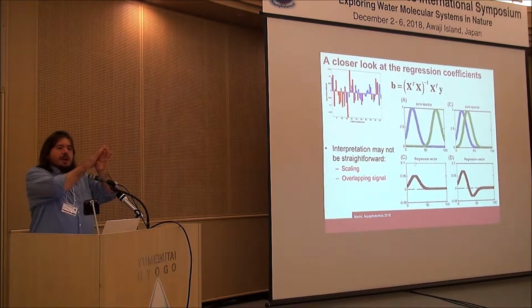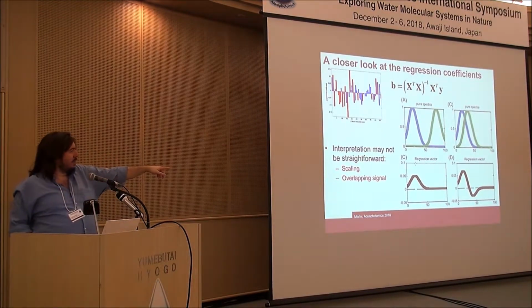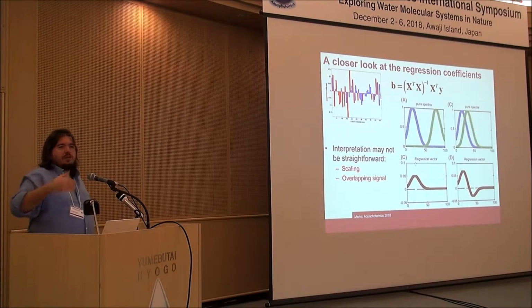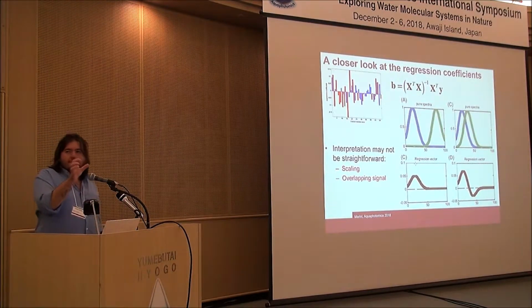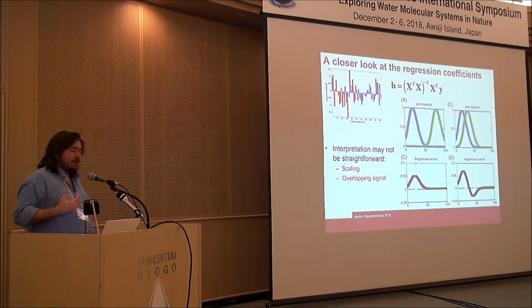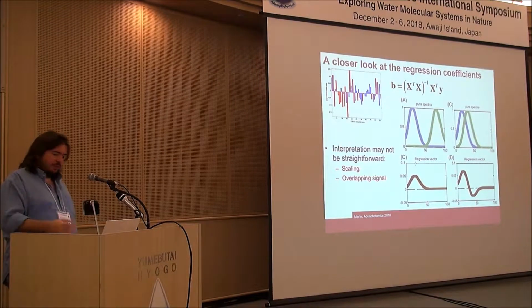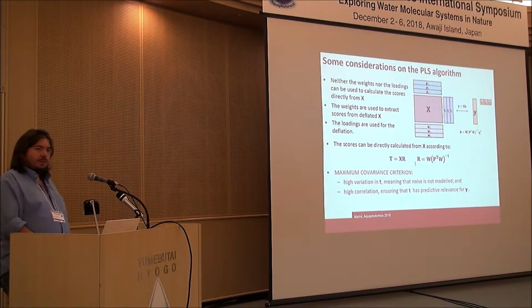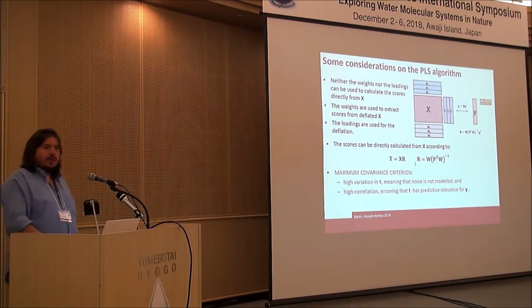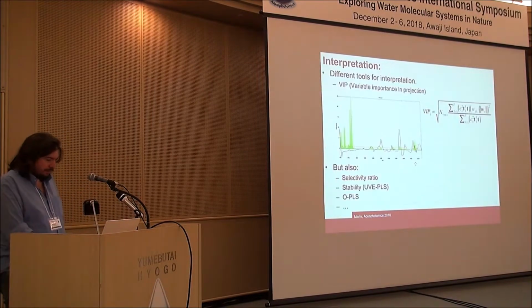But as soon as an additional band overlaps with the band of interest, then we start to see awkward things in the shapes, especially negative parts, and the region of interest extends over the band of the analyte we are interested in. So we should be very careful every time that we use the regression coefficient, or for the same reason the R weight, to interpret the PLS model, because this could in some cases lead to misleading interpretation.